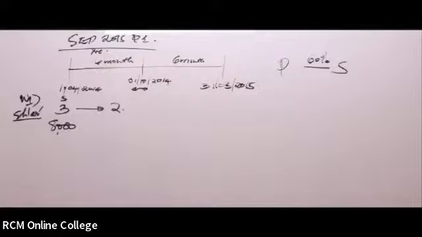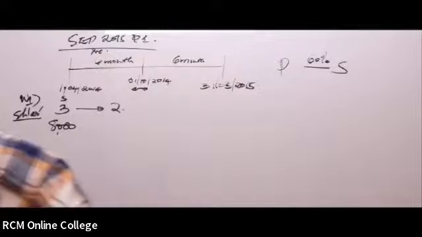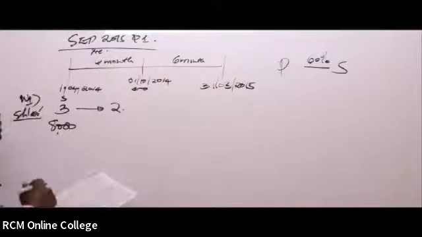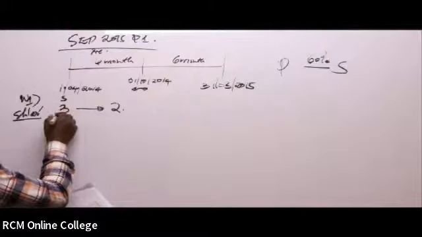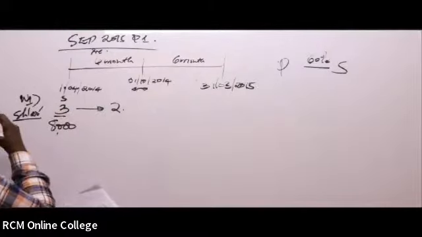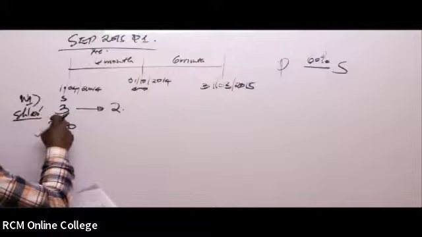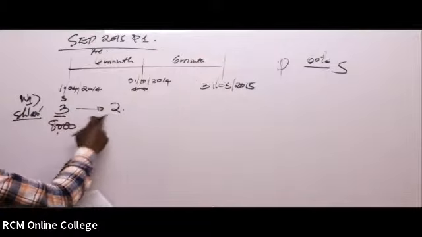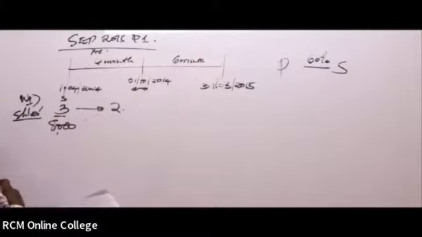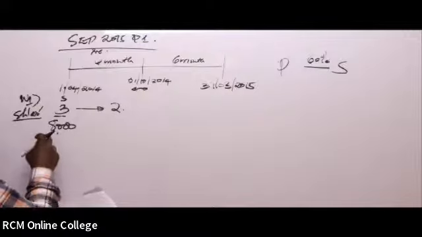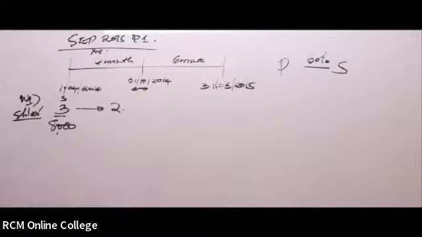For every 3 shares in S, they were giving 2 shares. So we want to compute how many shares they got from S.